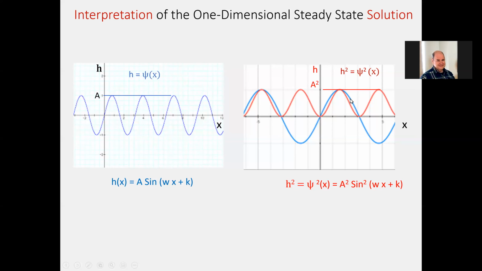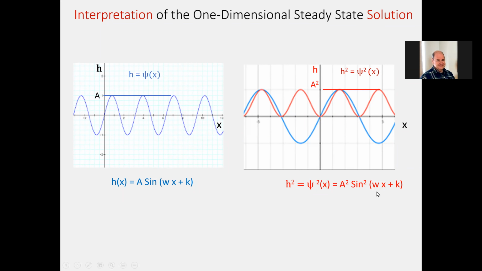When the blue wave is a half, a half times a half is a quarter. When the blue wave is minus a half, minus a half times minus a half is also a quarter. So by squaring the wave equation, you get a wave which is at least always positive. Okay? And it'll simply be the square of that simple sine curve.